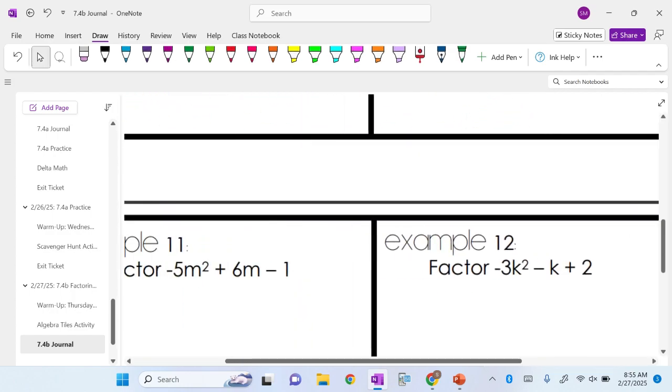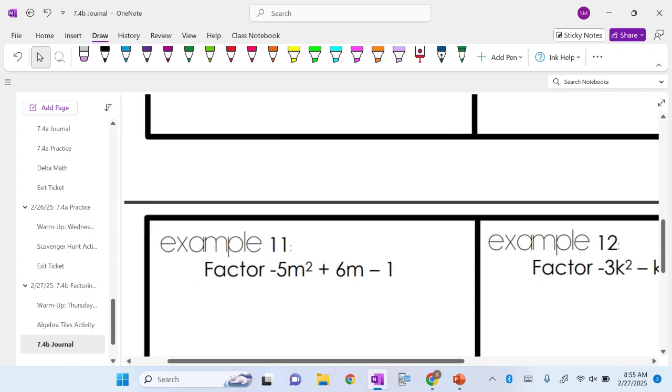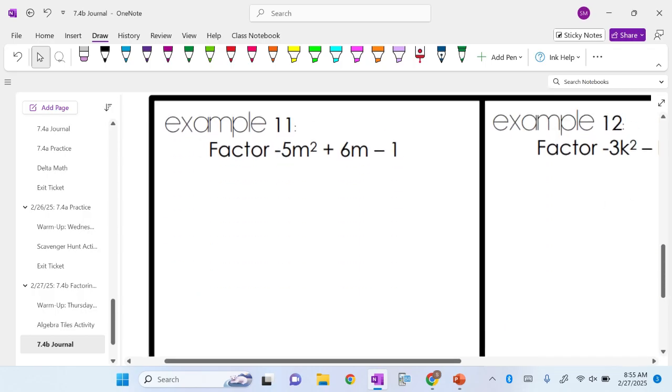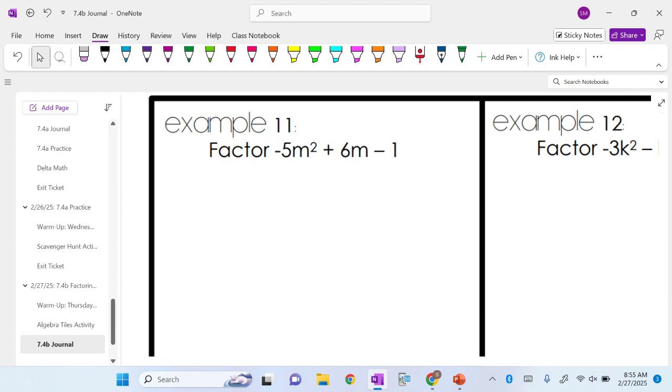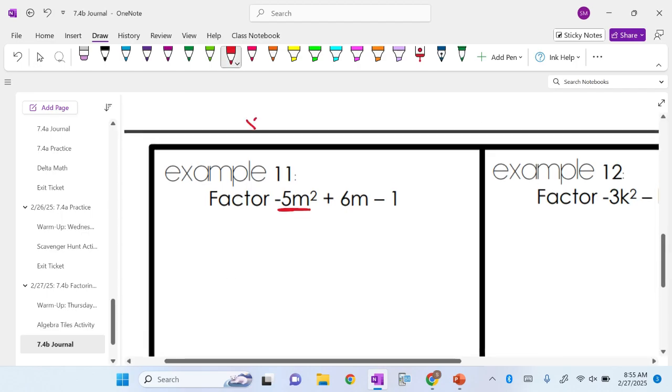Now, I want you guys to look at example 11. There's one thing that's very, very important whenever you are factoring. You want your first term to be positive. So make a note of it somewhere.